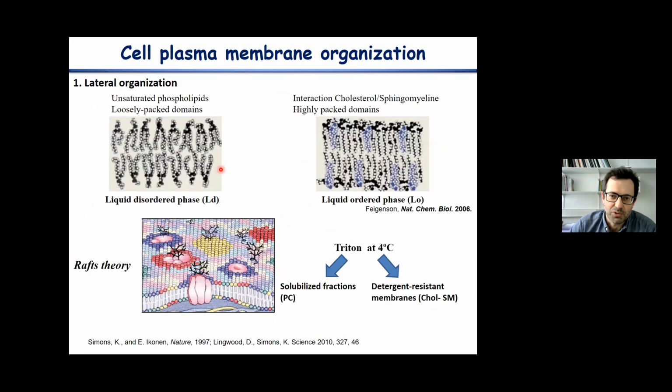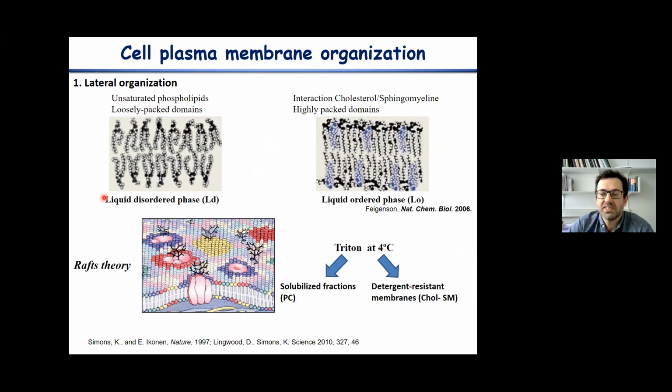Okay. So, cell membrane organization. You have probably seen these schemes millions of times. The lateral organization of the cell plasma membrane is not that simple, in part because the lipid composition of those membranes is extremely complex, and this can generate lipid structures of different organization.